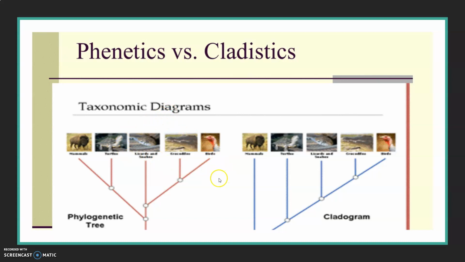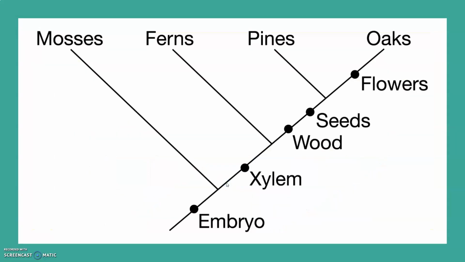This is a blurry picture, but again, the same idea. The one thing that you have for all of these is an out group, and the out group is the one organism that's least like the others. So in this case, the mosses is the out group. If you were to compare pines and ferns and what they have in common, it would be xylem and the embryo, so everything before that.